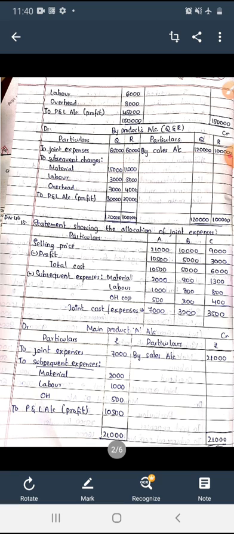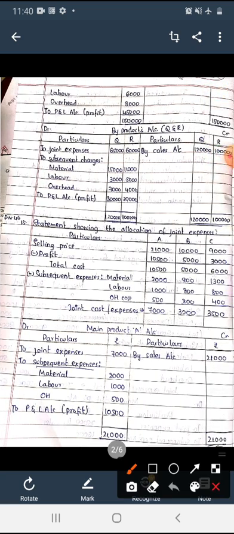It's also very easy, same type of problem. Quickly I will explain. Statement showing the allocation of the joint expenses. First we write the selling price. Selling price is 21,000, 10,000 and 9,000. Then profit 50%, 50% and 33 1/3%.